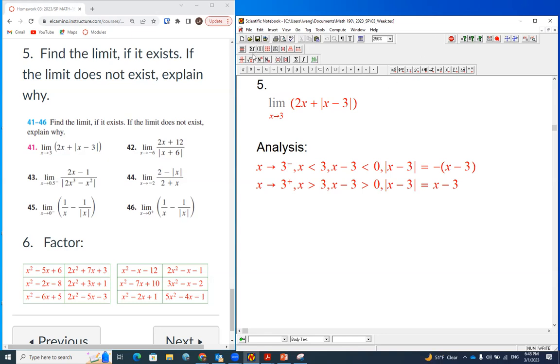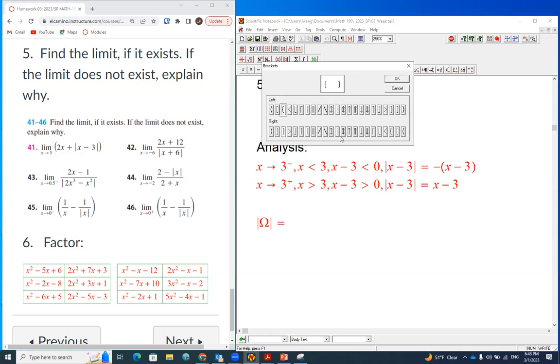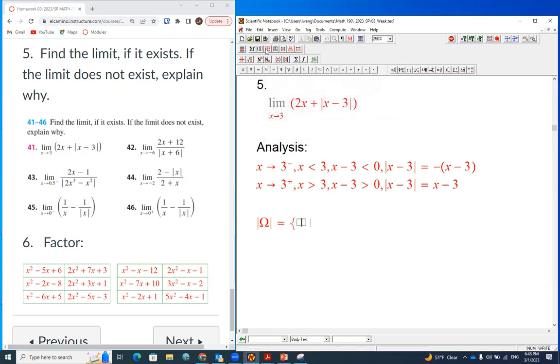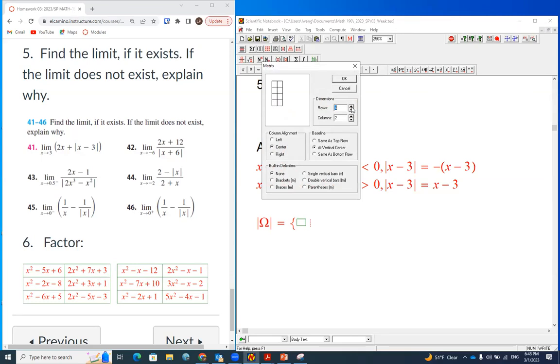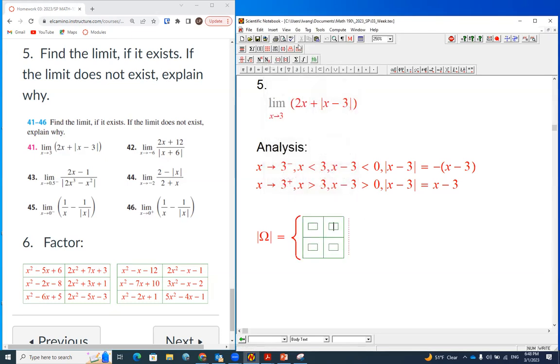The absolute value of any number, whatever number you have, it could be complicated, it could be simple: if the quantity inside the absolute value is greater than or equal to 0, the absolute value of it is going to be the same.